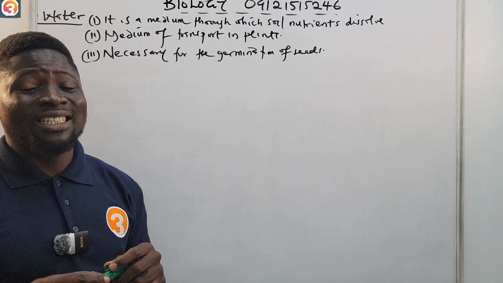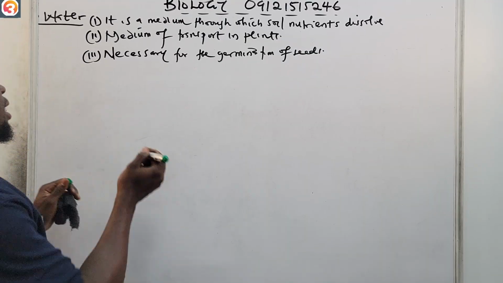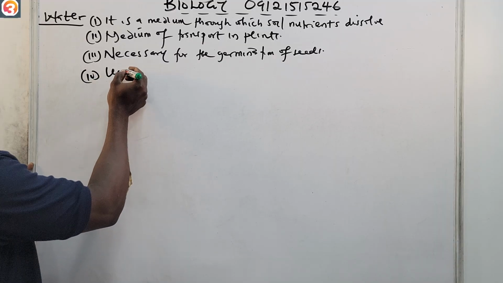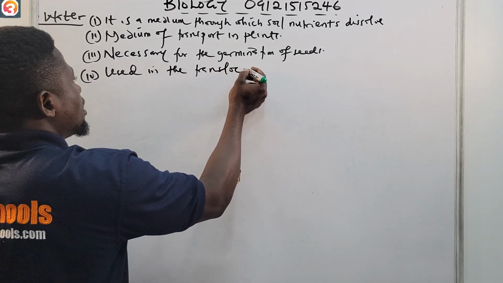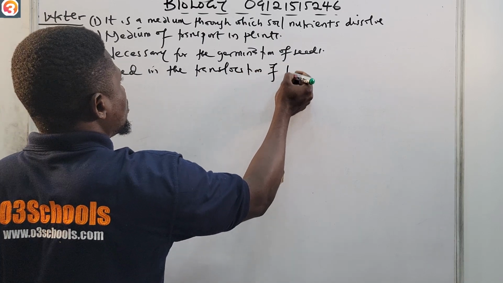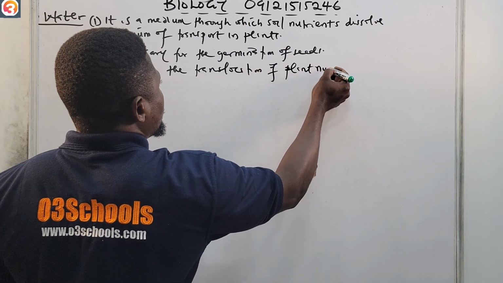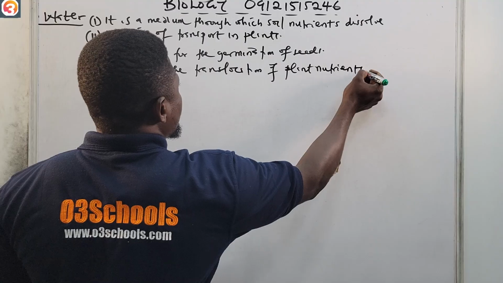It is also used in the translocation of plant nutrients. Water is very useful in the translocation of plant nutrients.